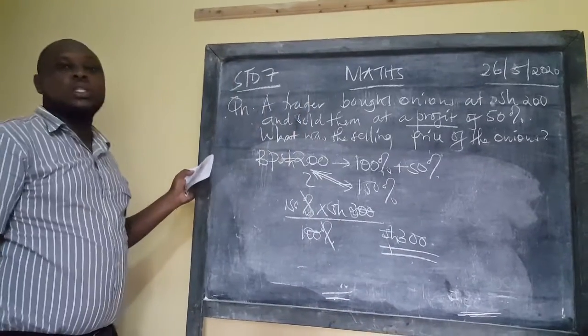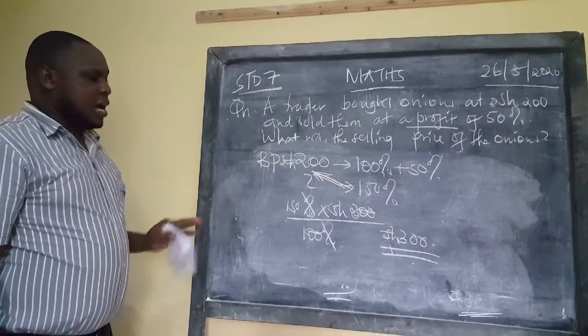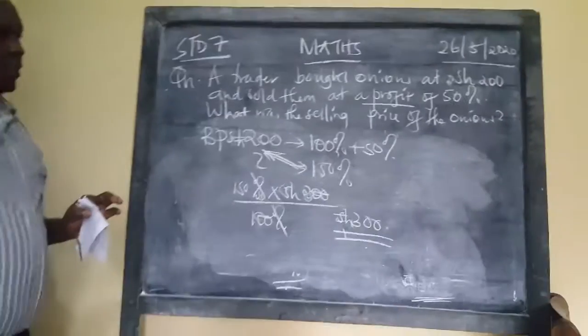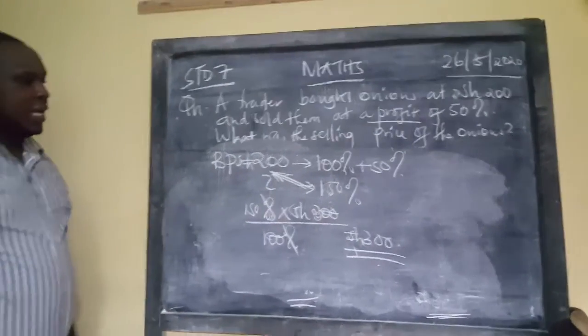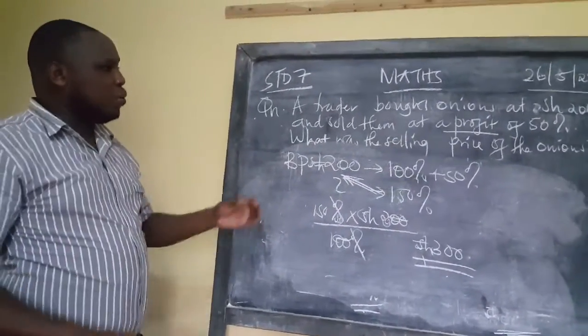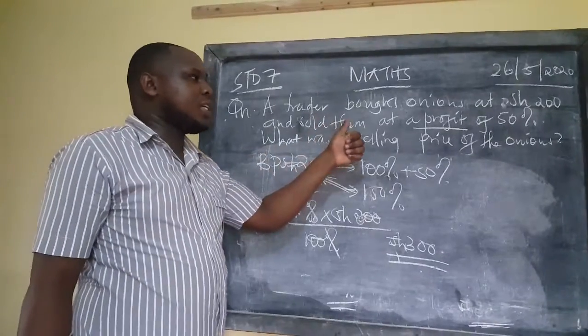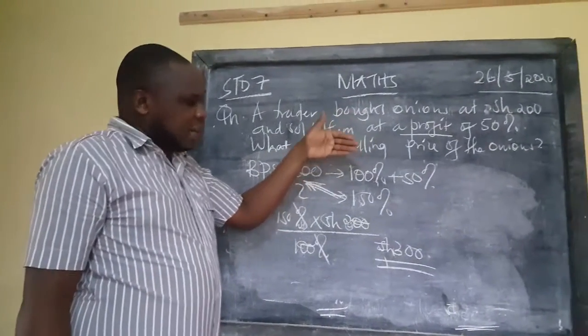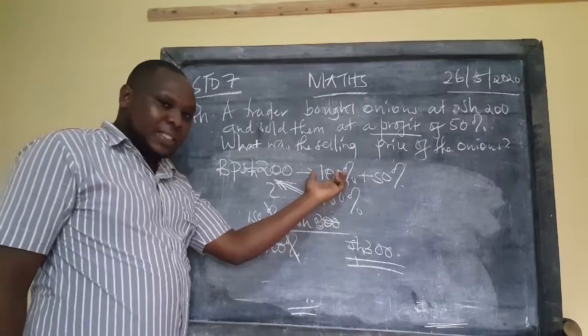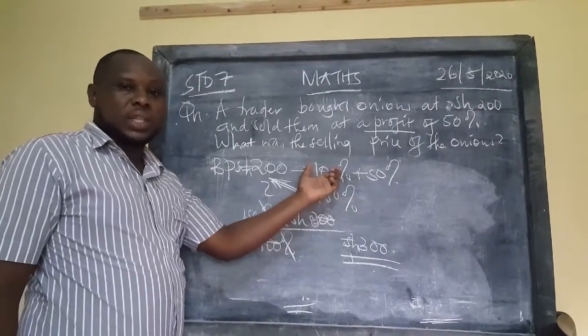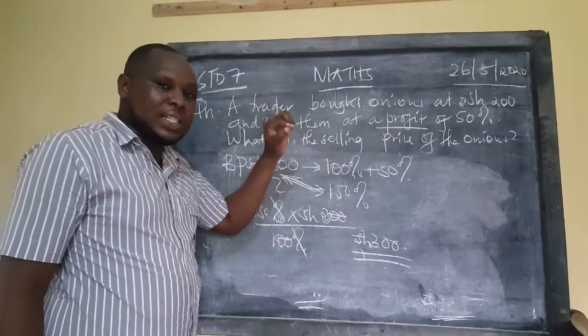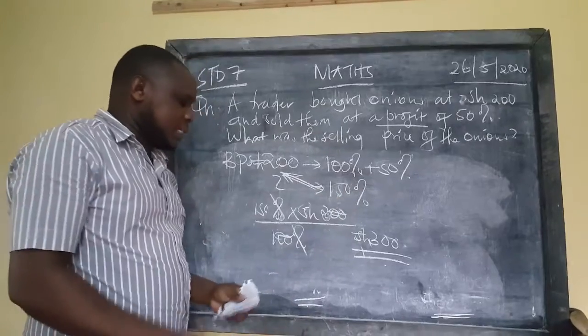So the person sold them at 300 shillings. You can see that whenever the person is making a profit, it means he has something on top of the 100% that he bought with, so he'll add some percentage to get that.